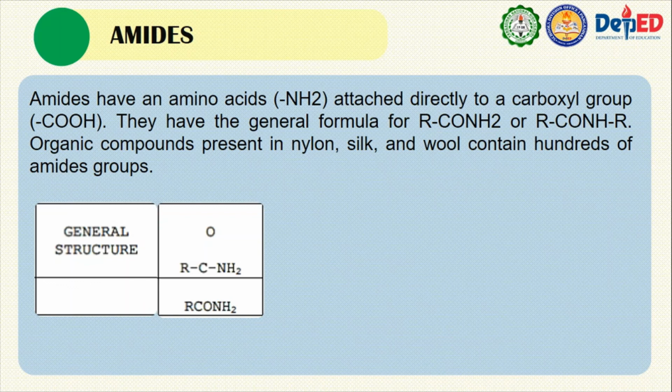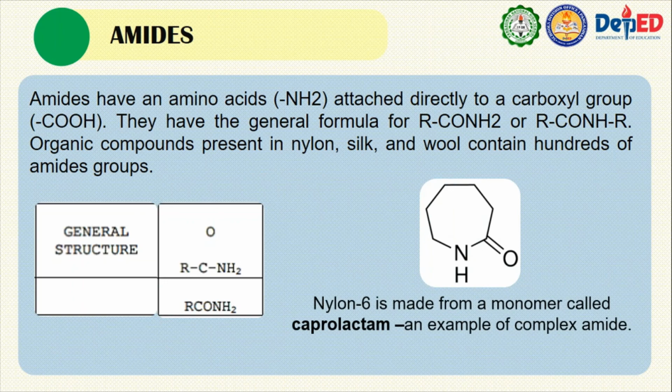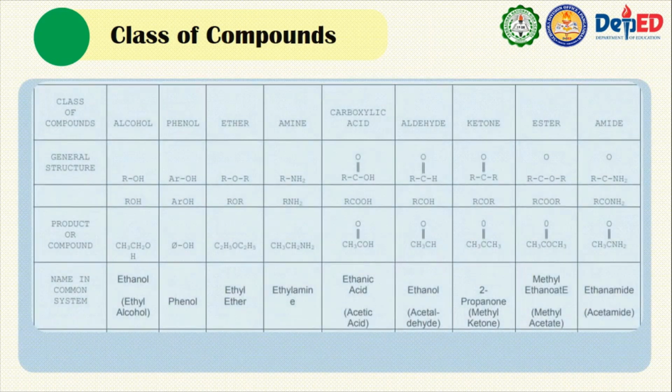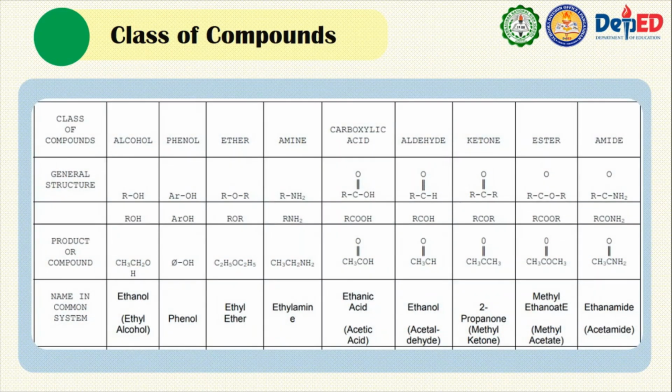Organic compounds present in nylon, silk, and wool contain hundreds of amide groups. Nylon 6 is made from the monomer caprolactam, an example of a complex amide. Now these are the different classes of compounds or functional groups with their general structure.